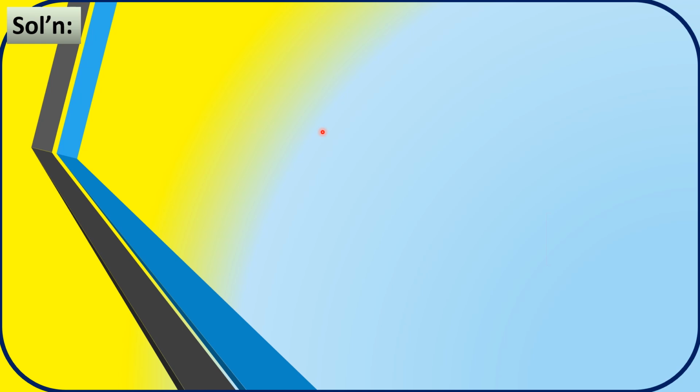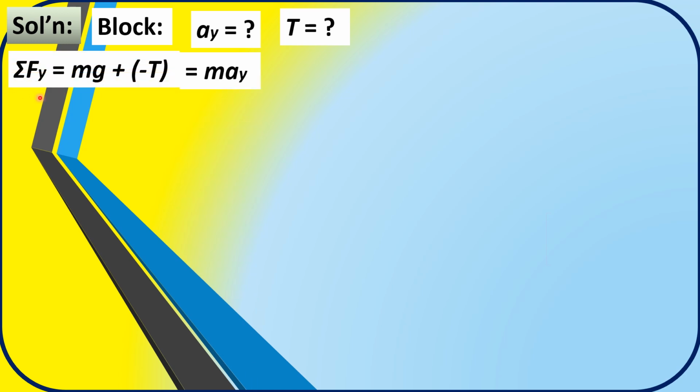We now proceed to our computation of the two target variables, a sub y and the tension capital T. We first consider the forces acting on the block. There are two forces acting on the block along the y-axis: the weight of the block, mg, and the tension of the cable, capital T. And these two forces are in the opposite direction.